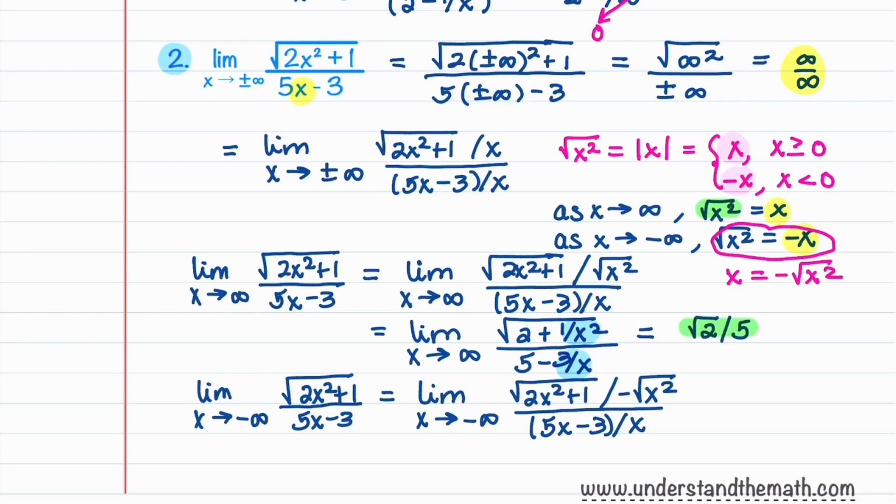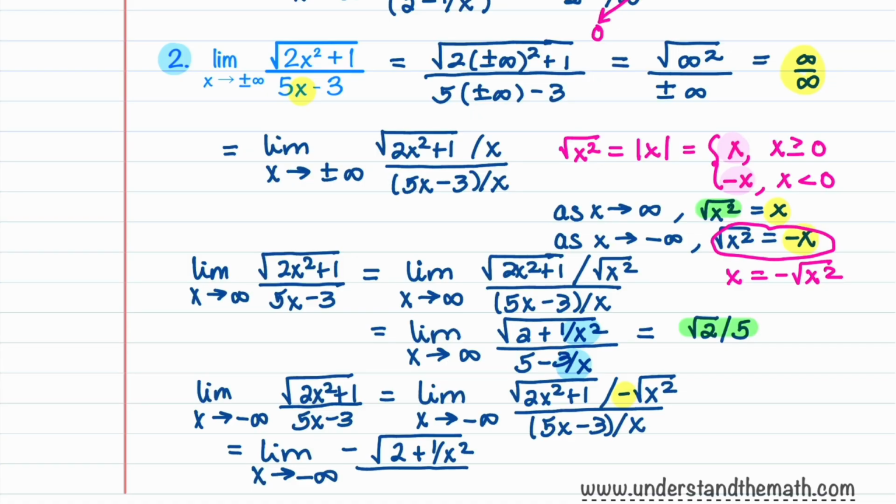I'm going to go down here to the lower left. We're kind of running out of space. Let's rewrite this as the limit as x goes to minus infinity. Do you see this minus sign right there? We're going to take that out in front. So we have minus square root. Now we can take the x squared inside the other square root, and this becomes 2 plus 1 over x squared, just dividing everything.